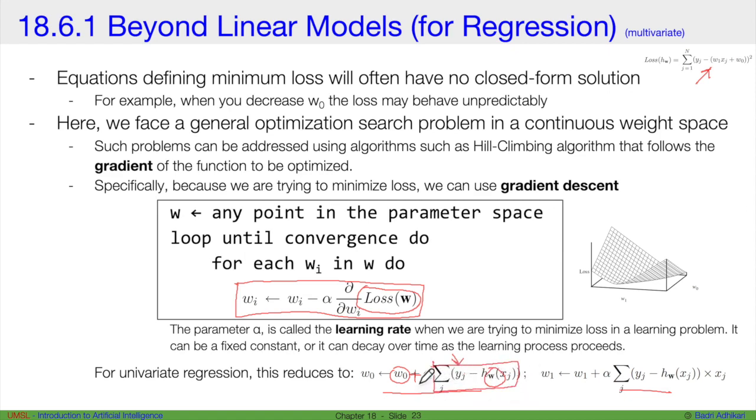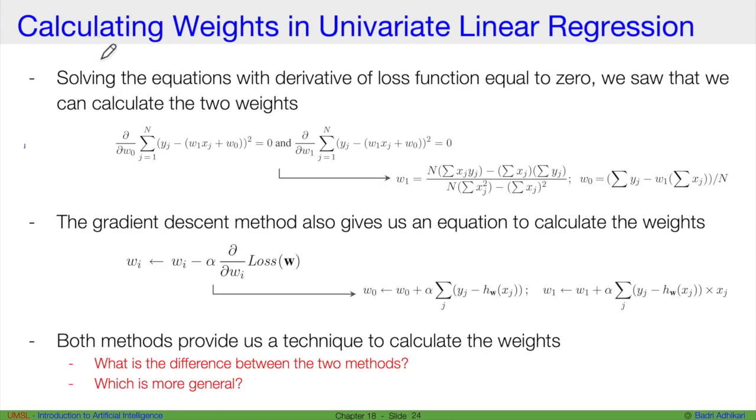So far, we saw two techniques to calculate weights in case of a univariate linear regression. We saw that once we have our loss function that gives us our loss, for each weight variable in our loss equation, we can take the partial derivative of the loss function and set it to 0 to obtain the minimum loss.